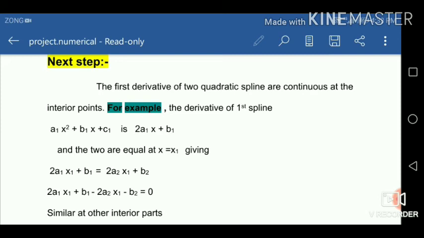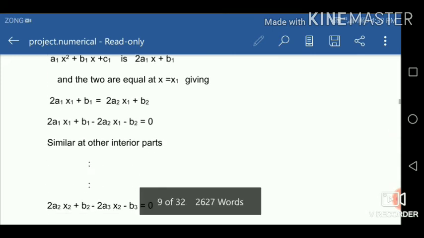Then we rearrange and get 2a1 x1 + b1 − 2a2 x1 − b2 = 0.